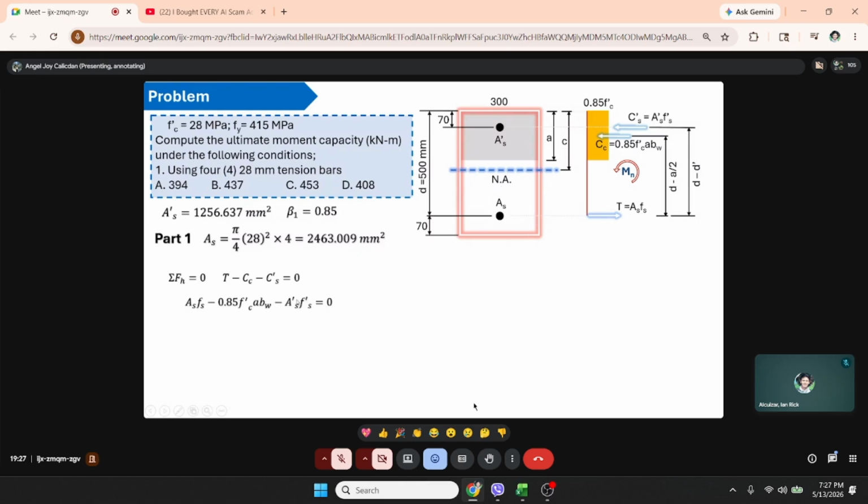So, substitute here, apil ang AS Fs sa T og 0.85 Fc prime ab w sa Cc. And same ra gyapon na ang Fs is just ang minimum sa Fy o sa Fs na formula, 600 times d minus c over c.